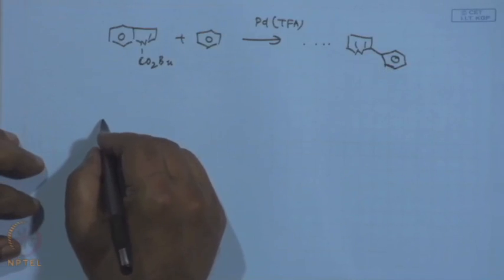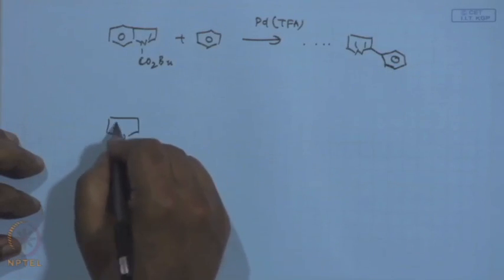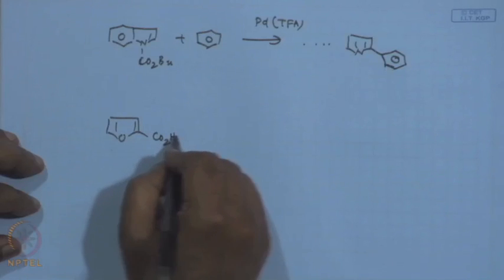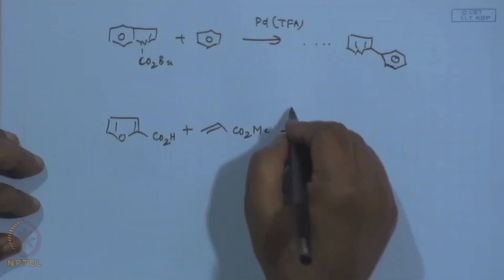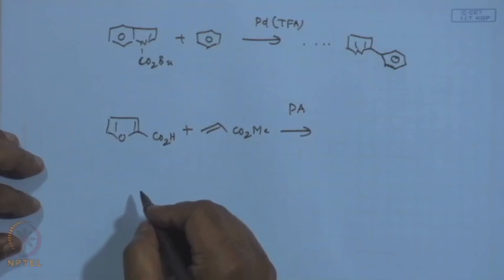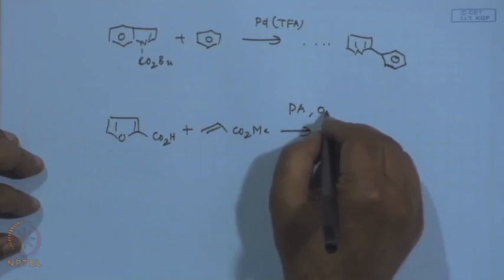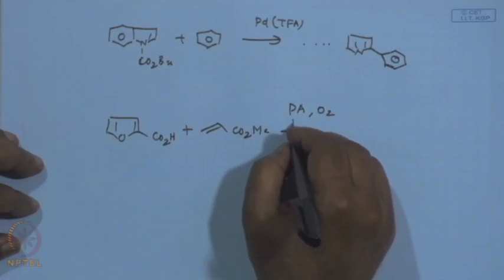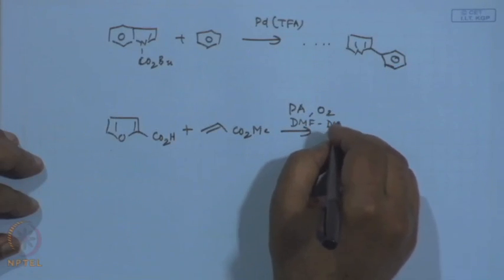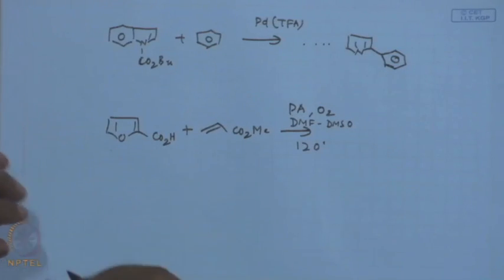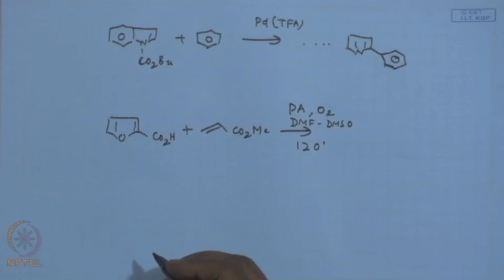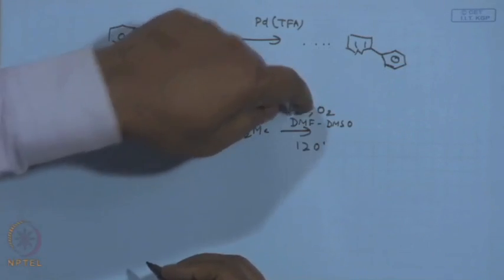If you take, let us say, furoic acid, then acrylate, and again Pd, which I call palladium acetate, oxygen and DMSO, and just heat it. What would you expect? You would expect again a dehydrogenative kind of thing, because palladium is there.